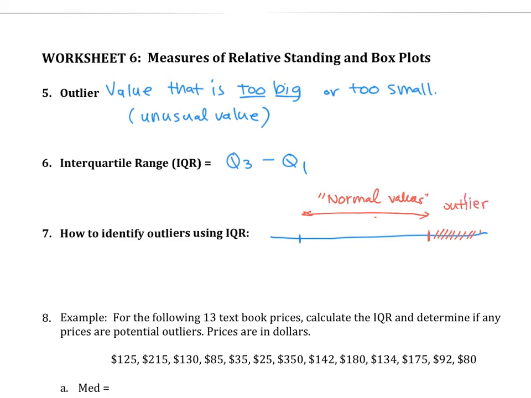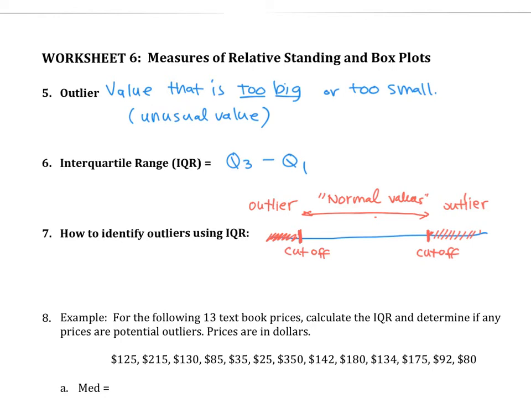And also to the left, these numbers are too small, so they're also outliers. These are my cutoffs. So we'll find 2 numbers right here and right here, and in between these 2 numbers, the values are normal. Once you go past those numbers, those values are outliers.